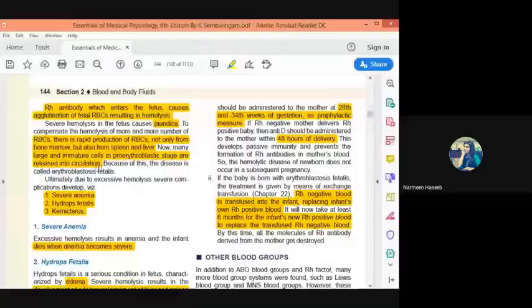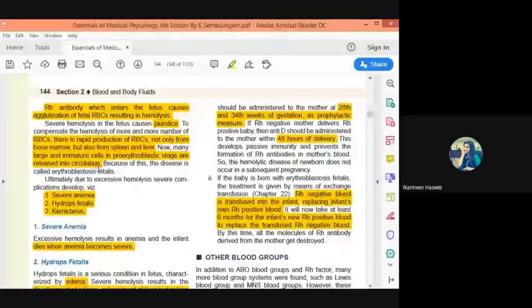So you see, just to compensate for the hemolysis of immature RBCs, more and more new RBCs are produced, and those RBCs are in the pro-erythroblastic stage and are not mature, and the body does not wait for those RBCs to mature. Instead, they are released into the circulation in the pro-erythroblastic stage, which are immature RBCs.